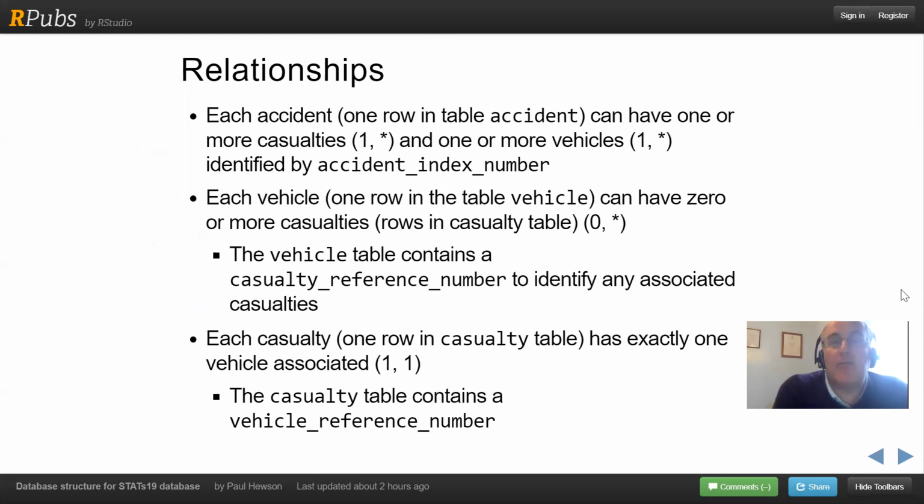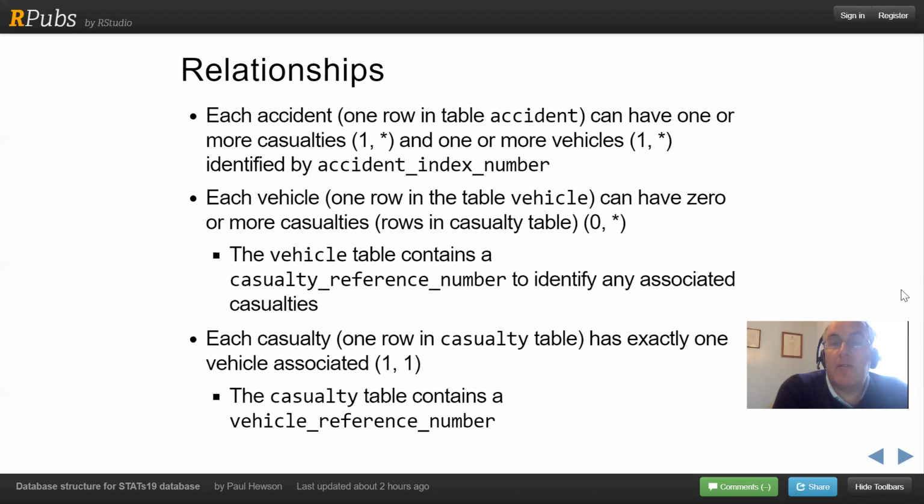If there's no casualties, road collisions don't get reported to the police. So by definition, there has to be one or more casualties. And we can denote this one-to-many relationship using the notation within the brackets, 1 asterisk. It tells us one accident, one or more casualties, any number of casualties.